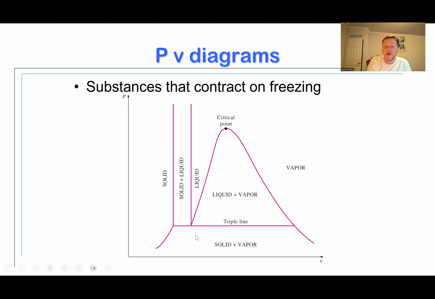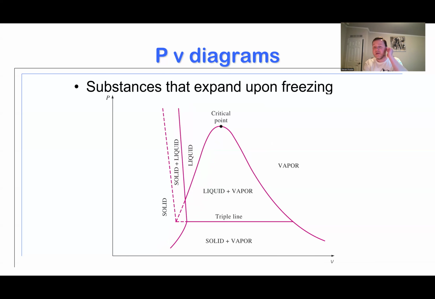And then you've got an area down here underneath your saturated dome where you've also got a sublimation dome. That's the area where it goes from solid to vapor, and a mixture of the two. This is for substances that contract on freezing. That is the overwhelming majority of substances that we know of. But there are a few substances that will expand on freezing.